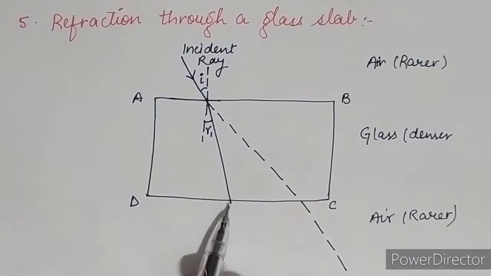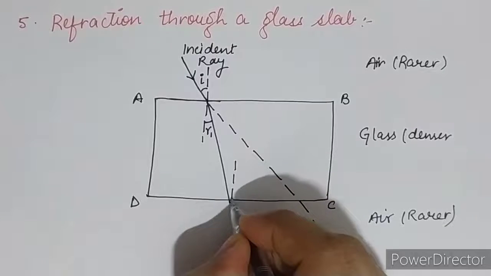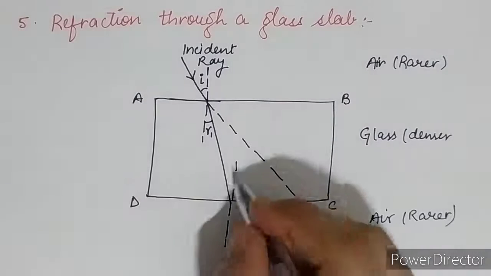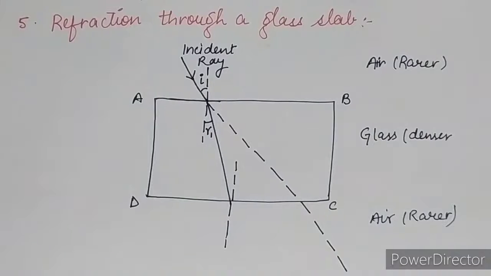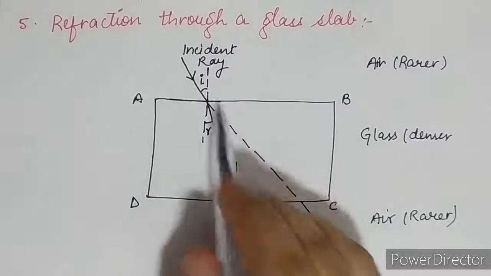As it reaches this point, I again plot the normal. These two are the same angle, and this one is also r1. Here it behaves like an incident ray, so this time this is the incident angle.